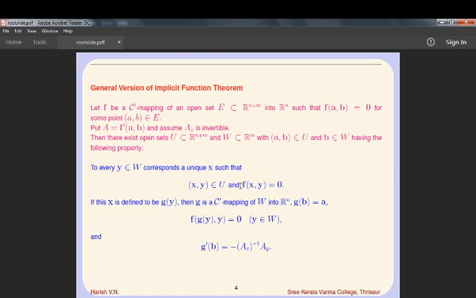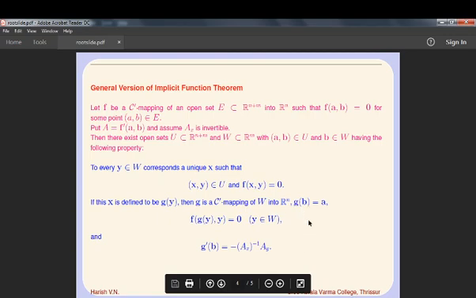Okay, and this x will depend upon this y. So if this x is defined to be g of y, so x in terms of y, explicitly you can solve, and if that explicit expression is x is equal to g of y, then the conclusion is that g is also a C dash mapping of W into Rn.